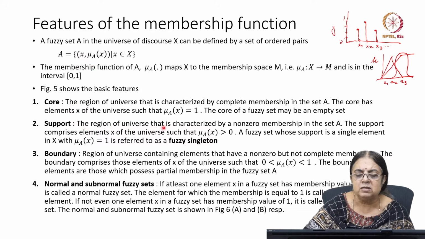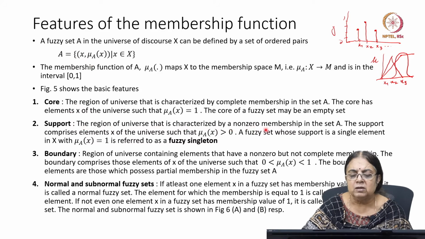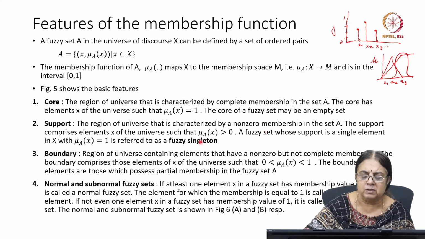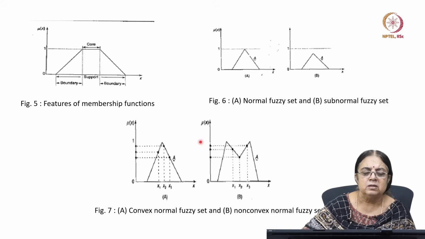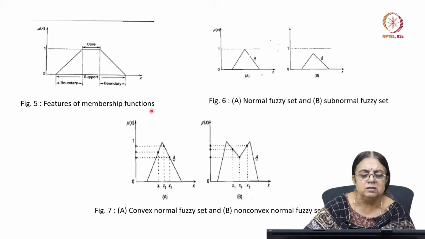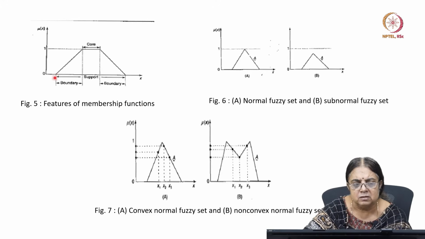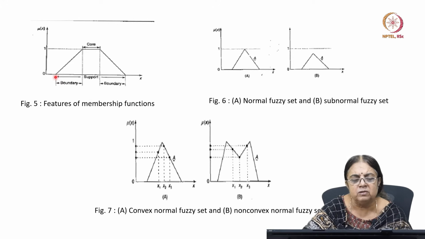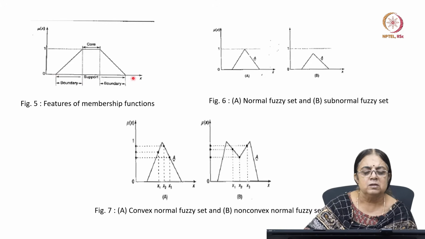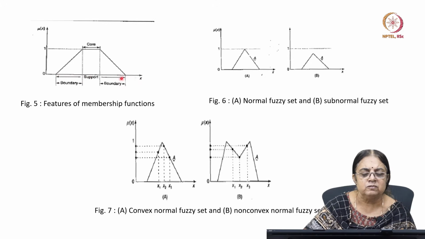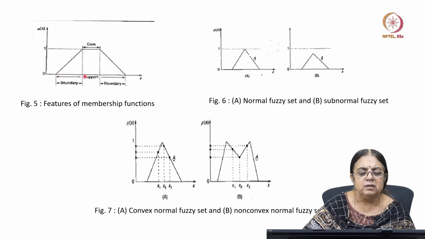This is the region of the universe that is characterized by non-zero membership value. So we call this the support. The set of elements from the universe of discourse, such as x1, x2, up to xn, together is known as the support.